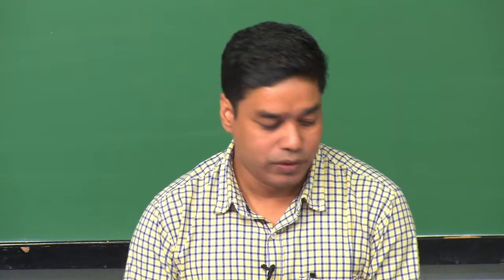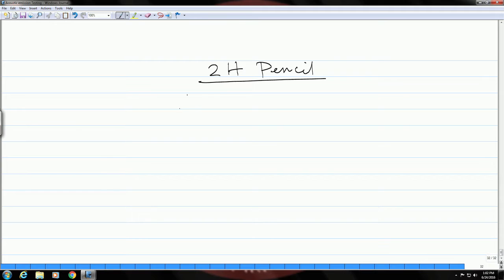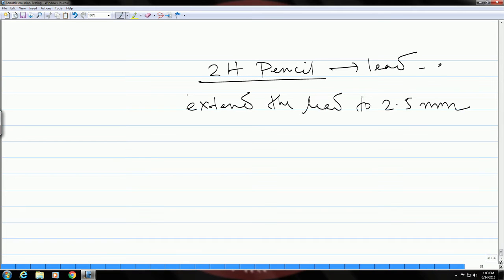So, you take this pencil and then extend the lead up to about 2.5 mm or 3 mm, and the size of the lead is 0.3 mm. Then you take it on a surface, or you can take it on the surface of the component being examined, and that itself can be used to break it.